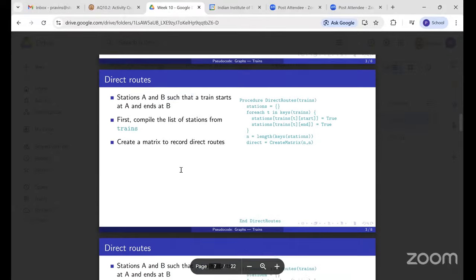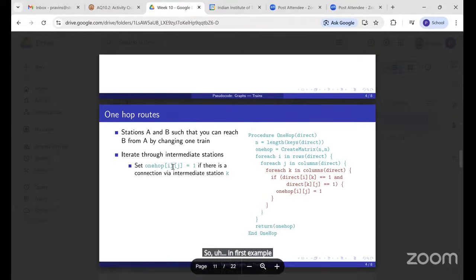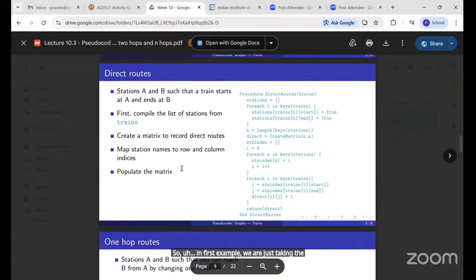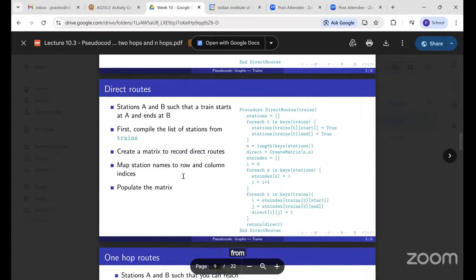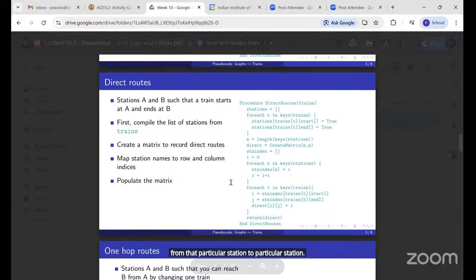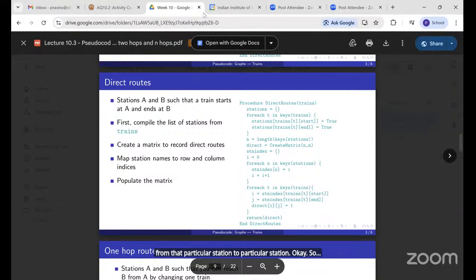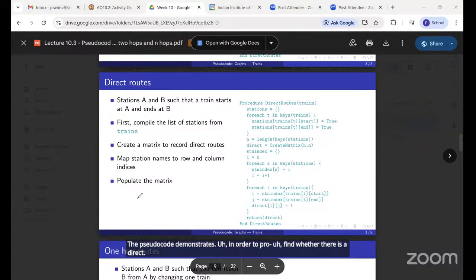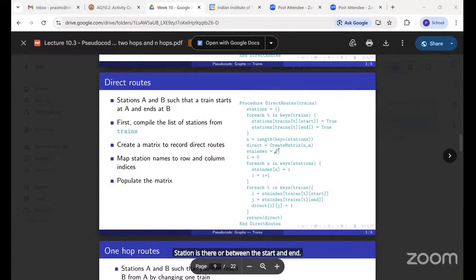In the first example, we are just checking whether a direct route exists from a particular station to another particular station. The pseudocode demonstrates how to find whether there is a direct route between the start and end. We are using another dictionary, station index, and creating a graph for it.